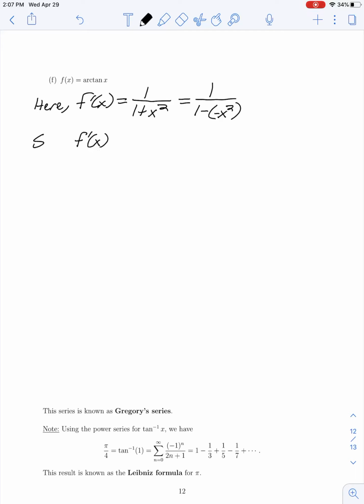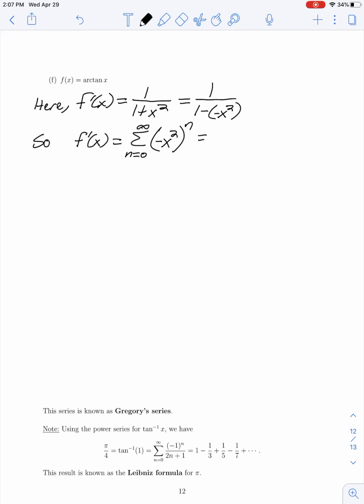So f prime of x here can be written as the sum from 0 to infinity of a, which is 1 here, times r, which is negative x squared to the nth power.